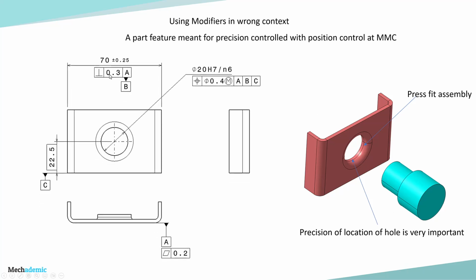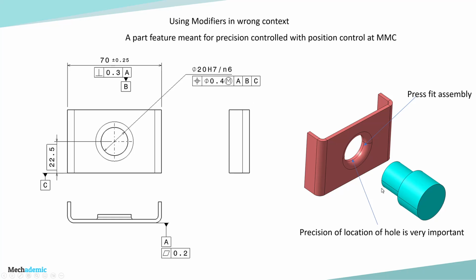In that case, let's say we are having a drawing like this, so we have a part and this flat surface is datum feature A, flatness control is applied, datum feature B is this width feature of size, perpendicularity control has been applied on the width, and this bottom surface is datum feature C, and the center hole is being controlled with respect to its position within a cylindrical tolerance zone of 0.4 at maximum material condition with respect to datum A, B and C, and then there is an interference fit specification applied to this hole, which means that there is an interference fit between this plug and this hole.